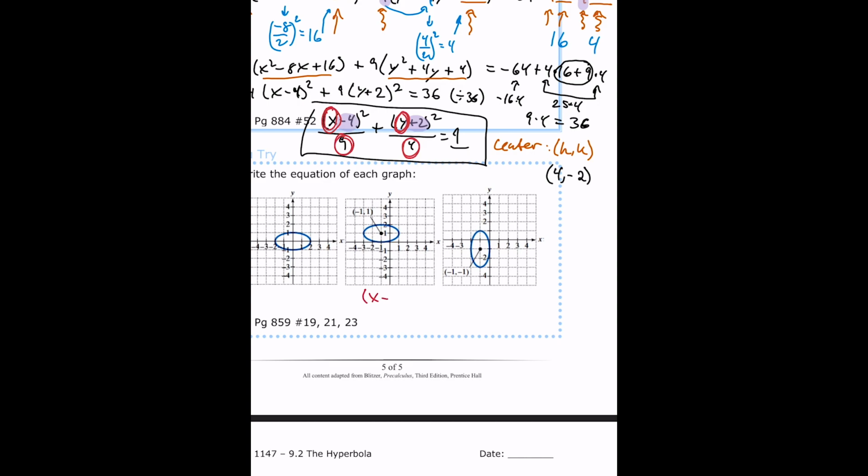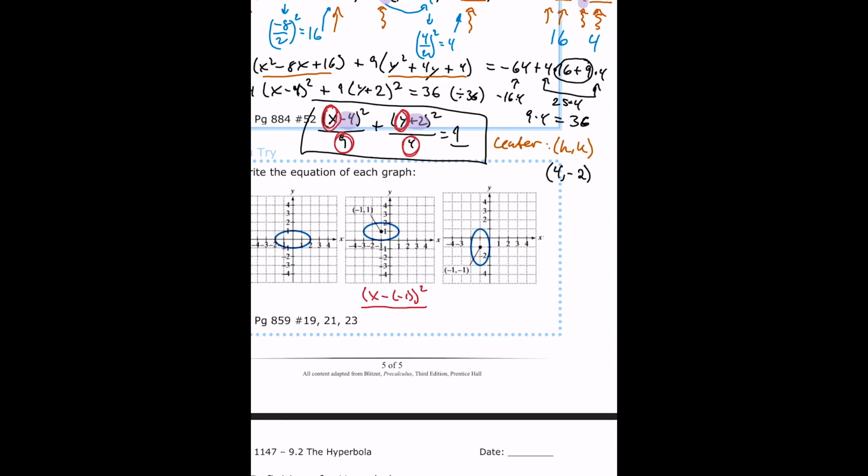x minus the x-coordinate of -1 squared over my horizontal radius, which is 2 squared. So that's x minus h squared over a squared, because my horizontal radius is my long radius, plus, in the numerator, I've got y minus k, which is y minus a positive 1.